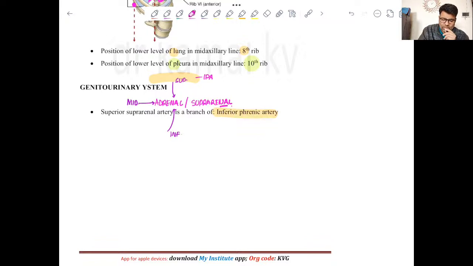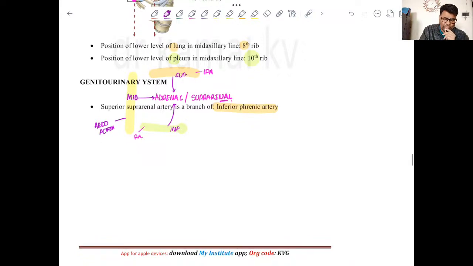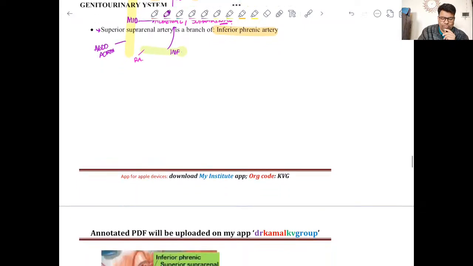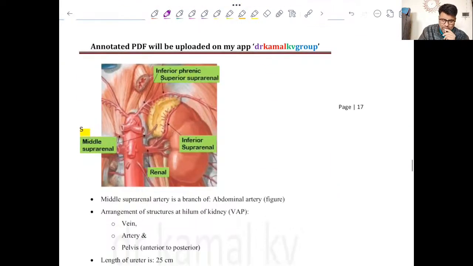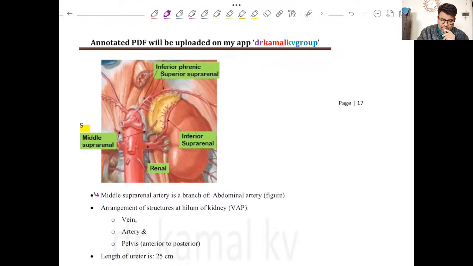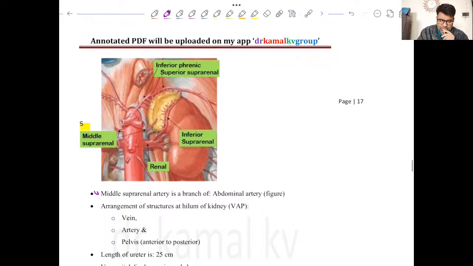Then inferior is coming from renal artery. So this is the renal artery, and the middle is coming directly from the abdominal aorta. Right? So this is abdominal aorta. So these are the 3 arteries which are supplying the adrenal gland, named as superior, which is from inferior phrenic artery, middle directly from abdominal aorta, and third is inferior suprarenal, which is coming from renal artery itself.